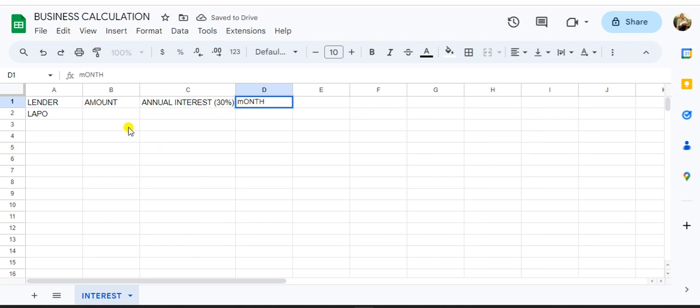Okay, let's say the amount they borrowed is 10 million. Interest is 30%. So monthly interest is, let's say, 2.5%.